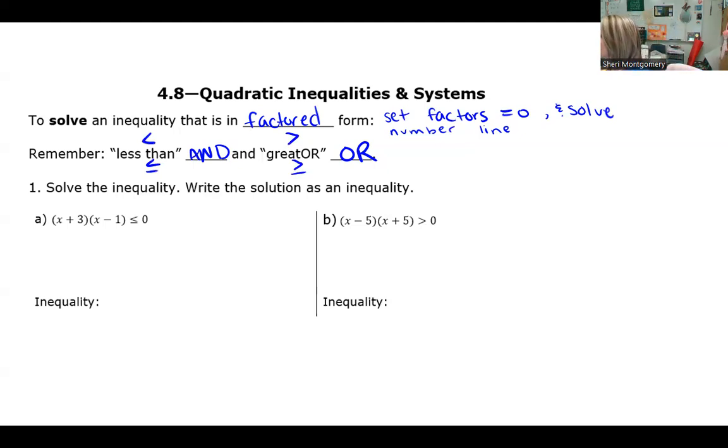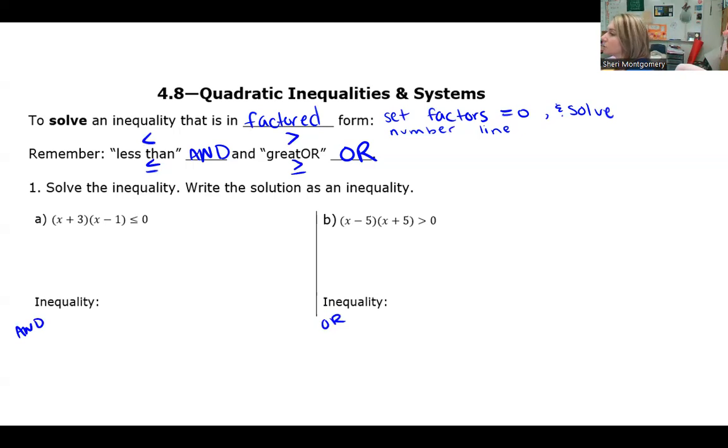They're both the same. So that's what less than looks like, and that's what greater than looks like. Less than and greater or. So when I look at A, it is less than, and. When I look at B, what symbol is that? Greater. So it's or.